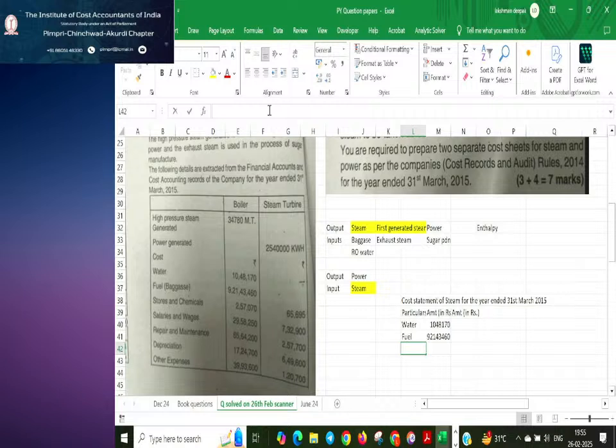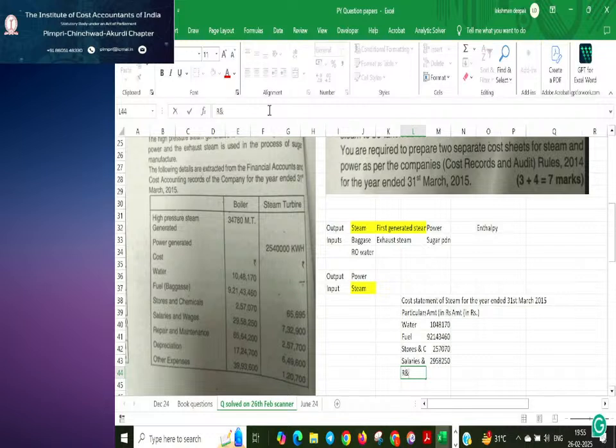Then you have stores and chemicals. This will come under, actually chemicals अलग से करते हैं और stores and spares अलग से रहता है cost statement में, but here they didn't give us the split, so we are directly taking as 2,57,070. Salaries and wages, it is very specific to this department, that is who is working in those boilers. Unka salaries and wages is to the extent of 29,58,250. Then coming to repair and maintenance, that is very specific to that boiler.